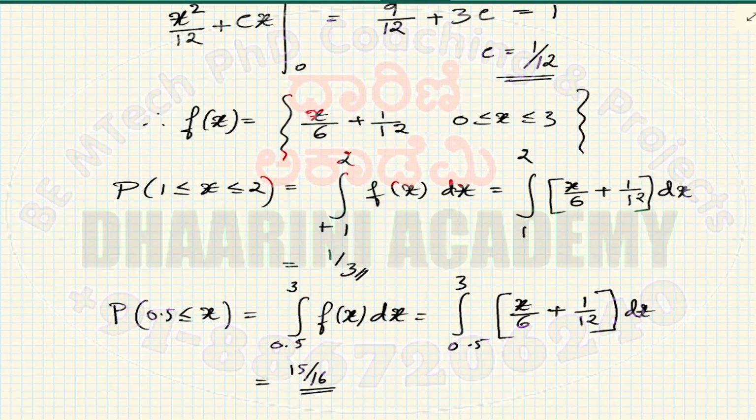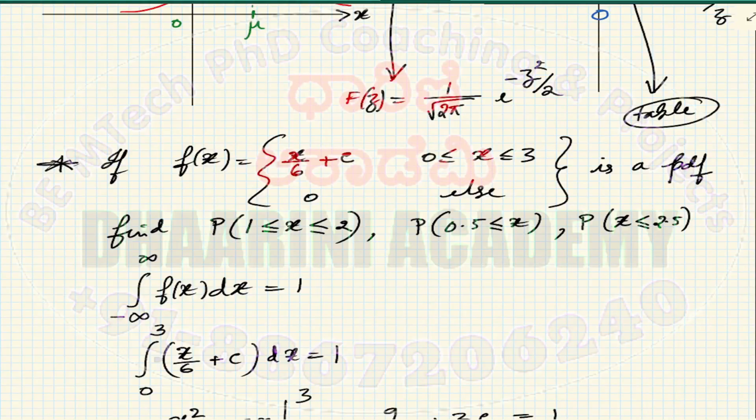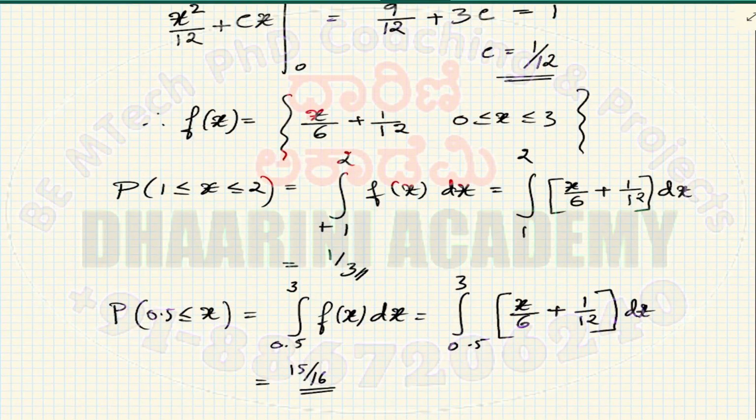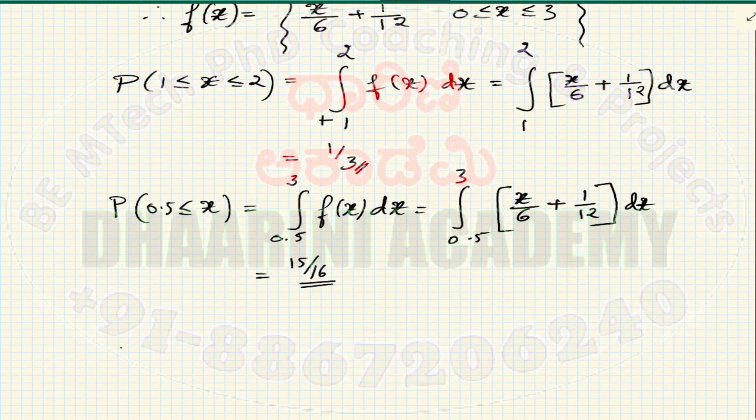Alright. Similarly, we have another part in this question: x value is less than 2.5. So that means we are supposed to calculate P of x less than or equal to 2.5.